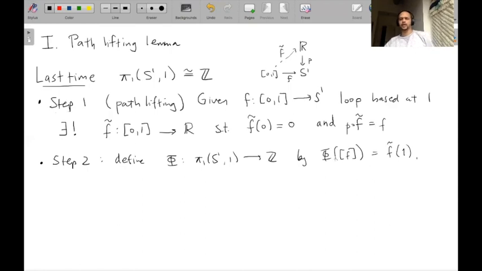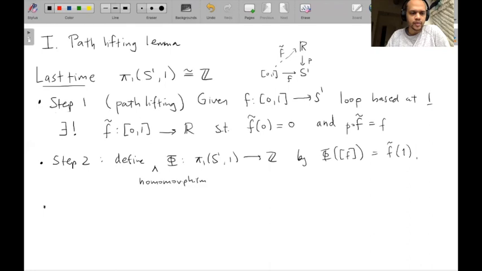And as we explained, this is well defined independent of the representative you choose, and it's valued in Z because the endpoint of the path ends at a pre-image of the base point 1. And this is a homomorphism, as we discussed.